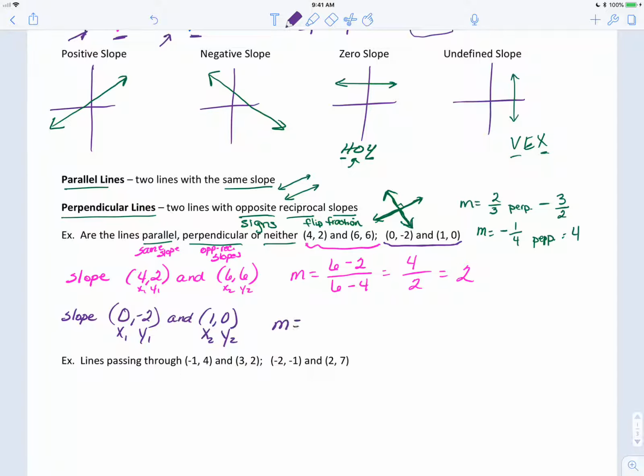Using the formula, y2, 0, minus y1, which is -2, over x2, which is 1, minus x1, which is 0. Well, 0 minus a -2 ends up being a positive 2. 1 minus 0 is 1, so that slope is also 2. We have a slope of 2 and a slope of 2. Well, they have the same slope, so therefore they are parallel lines.